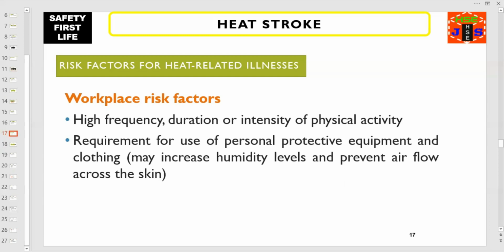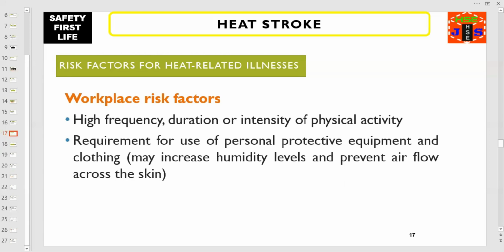By choosing the wrong personal protective equipment, maybe you are increasing the risk of heat related illnesses to a worker. Maybe he will get heat stroke. And as you know very well, heat stroke is usually deadly if not treated and addressed in time.